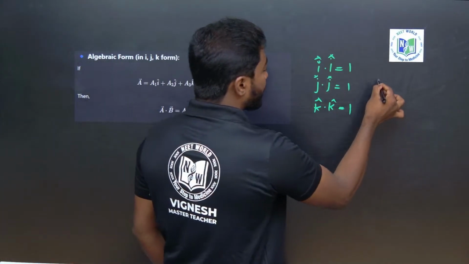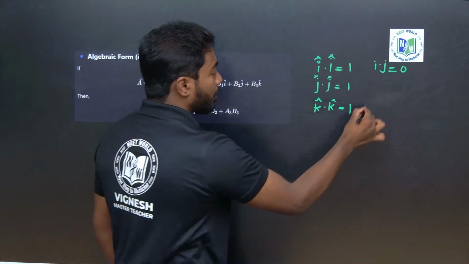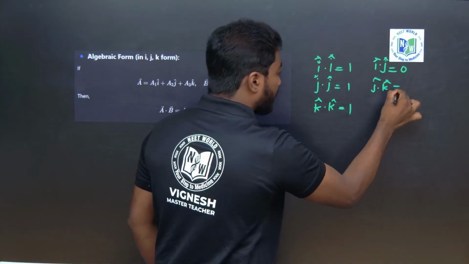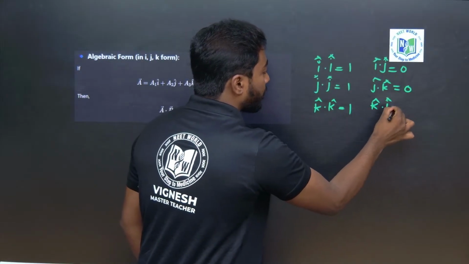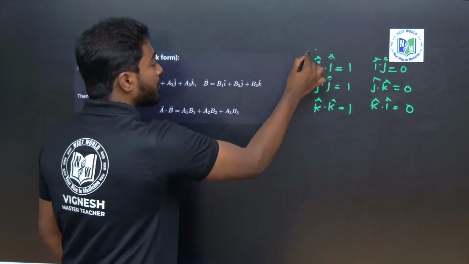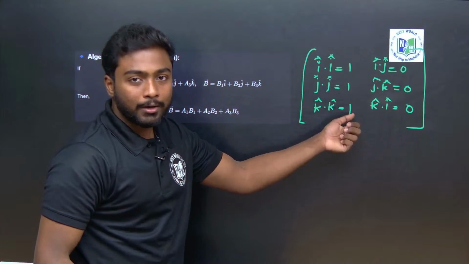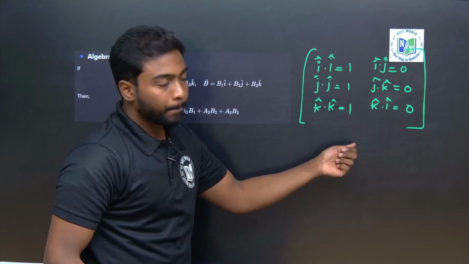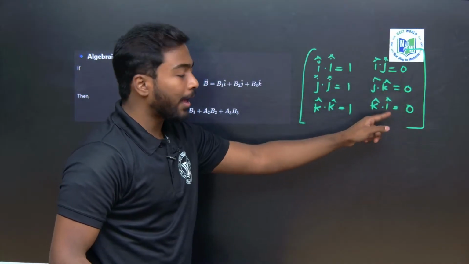Now if I take i dot j, that is 0, j dot k is equal to 0, k dot i is equal to 0. This is the condition you should know when you are doing the dot product or scalar product. i dot i is 1, j dot j is 1, k dot k is 1. i j 0, j k 0, k i 0.